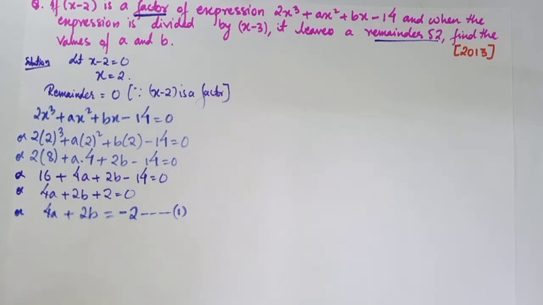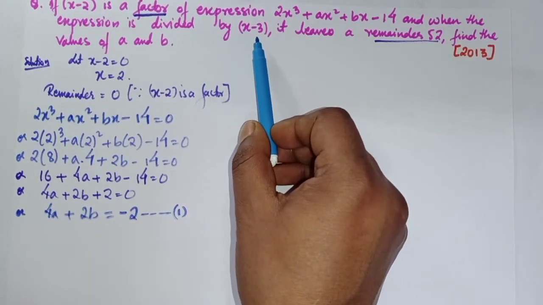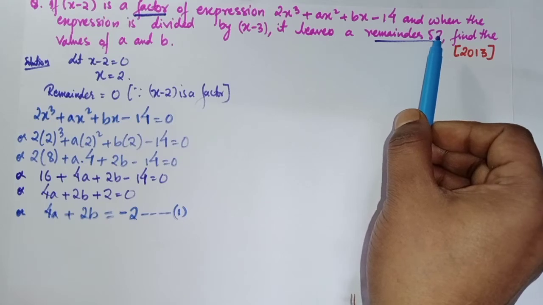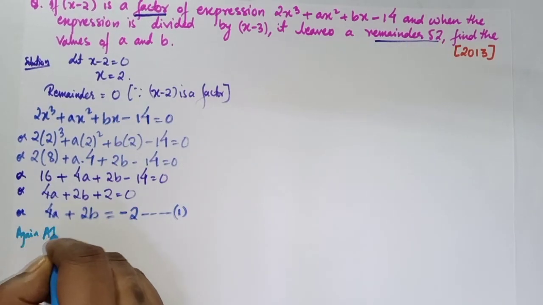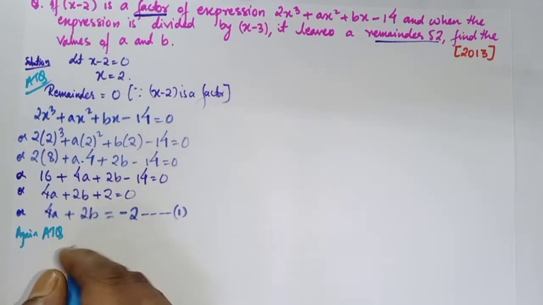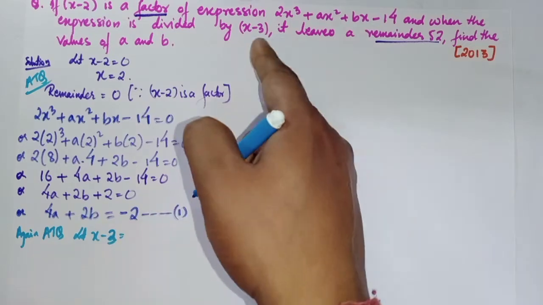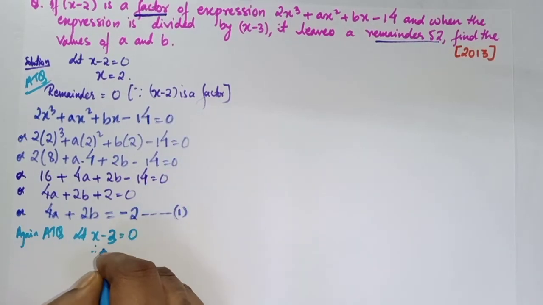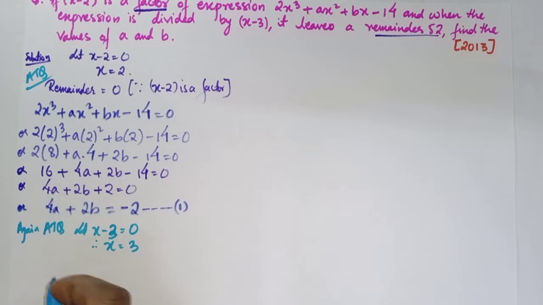Now I have to form equation 2 from the other given condition. When the expression is divided by x minus 3, the remainder is 52.